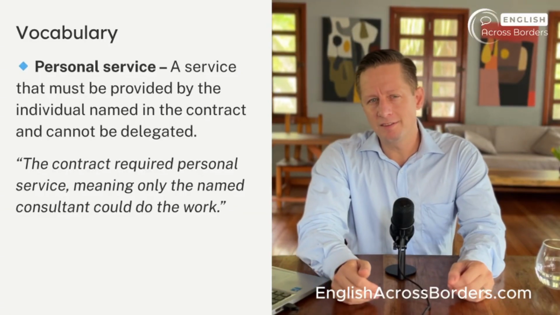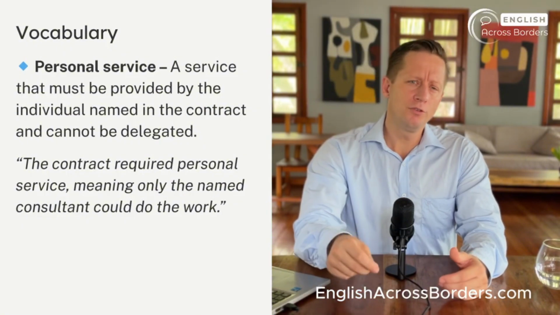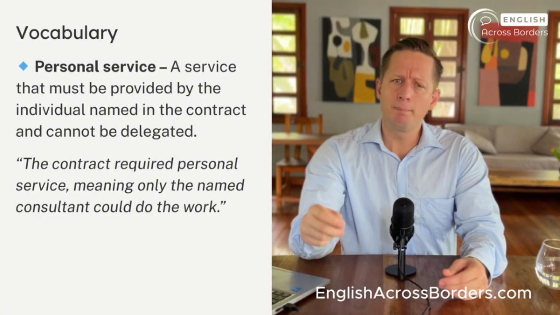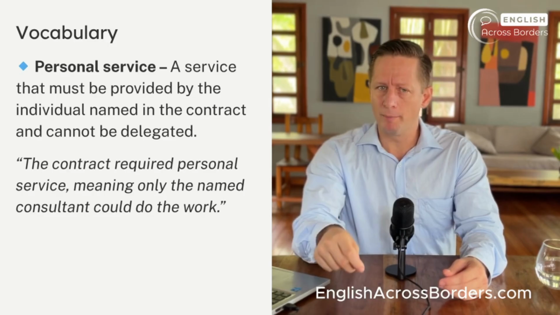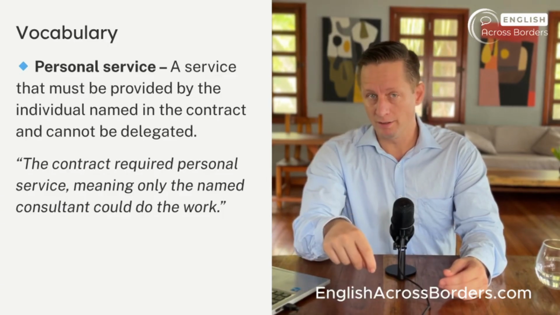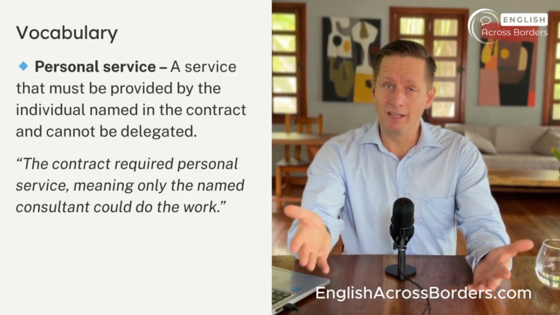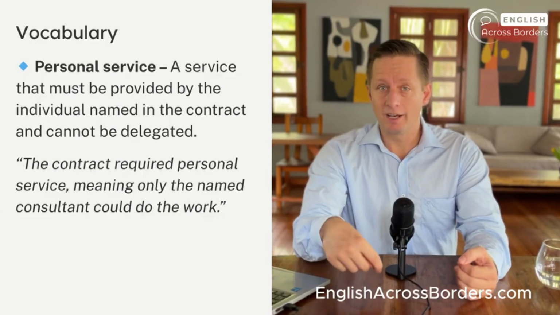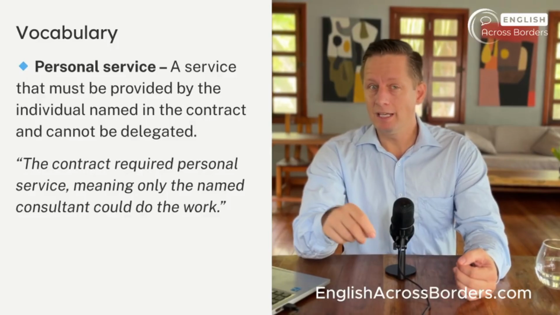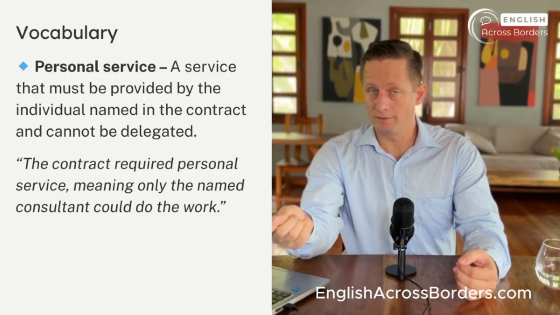Now, how does this apply under Costa Rican labor law? Personal service is one of the three pillars that define an employment relationship. If a person performs the work personally, receives payment, and is under subordination, then legally it's considered an employment contract, even if the paperwork, the contract, says otherwise.